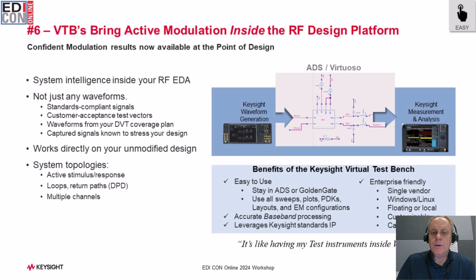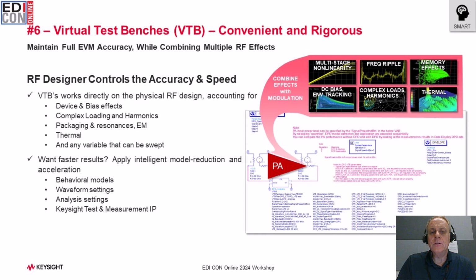You can do it on Linux and floating licenses and use all of your current PDKs and EM simulations and stuff. You never have to leave. And if you want to do it on full envelope, you can do that. If you want to do it on a fast circuit envelope or take some of these other approximations, you can do that too.